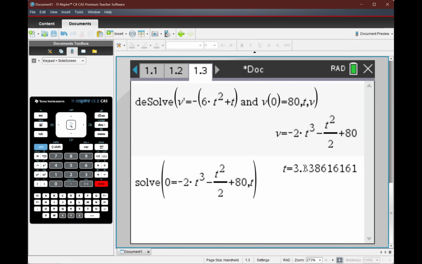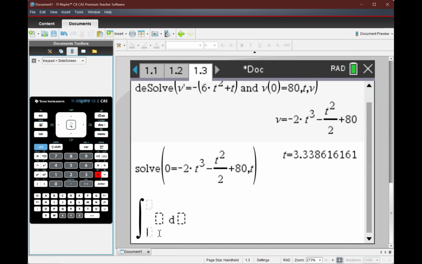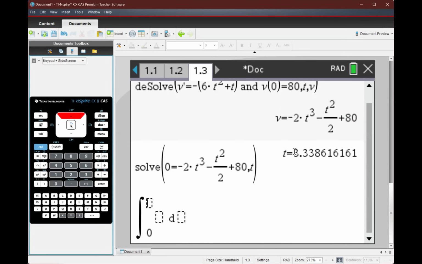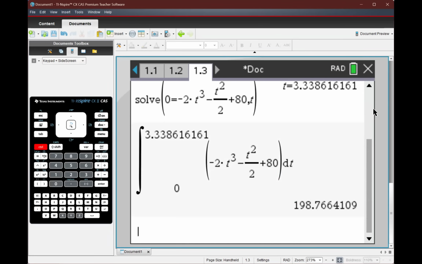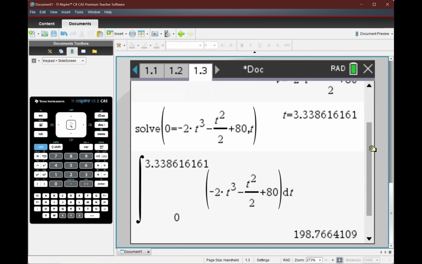Control enter, you get that t value and integrate 0 to that t value and bring down the velocity expression, control enter. So it's 198.766, almost 199. Option B is the correct answer.